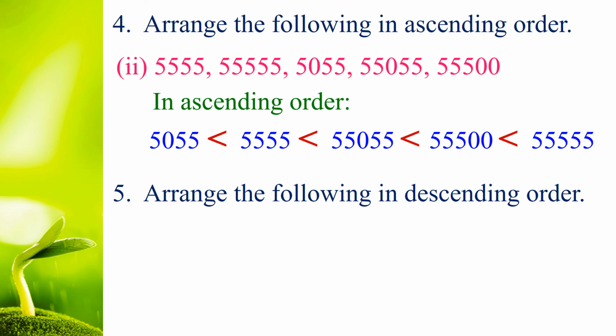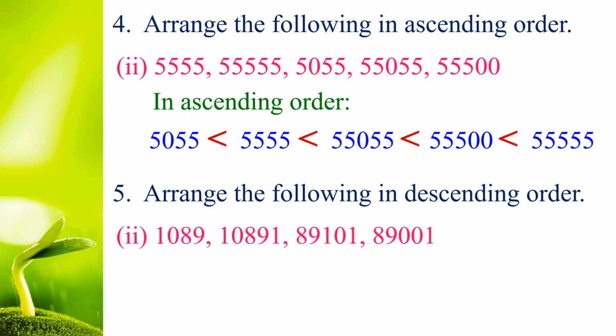Fifth problem. Arrange the following in descending order. The given numbers are 1,089, 10,891, 89,101, 89,001. Let's write the descending order. We know descending order means we arrange the numbers from greatest to smallest.